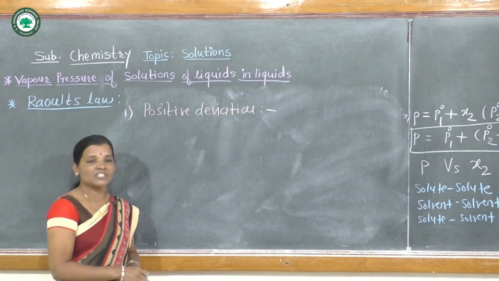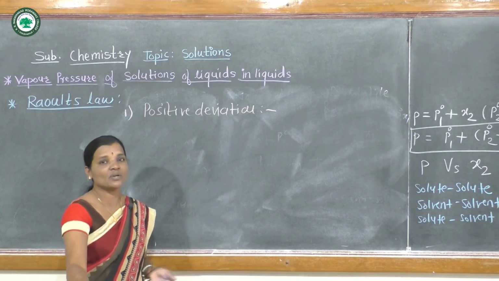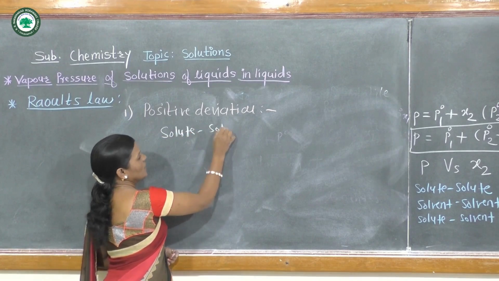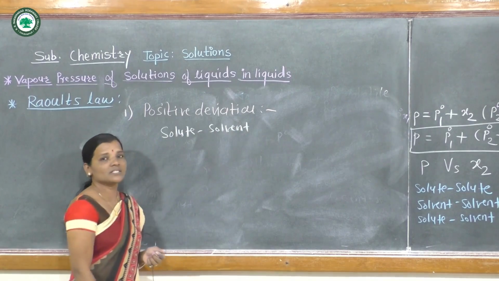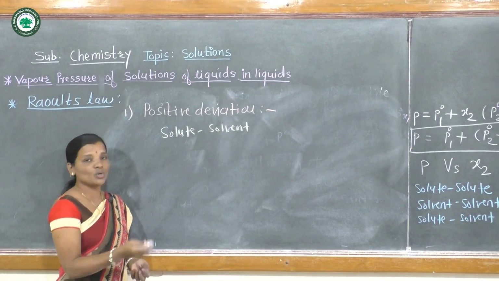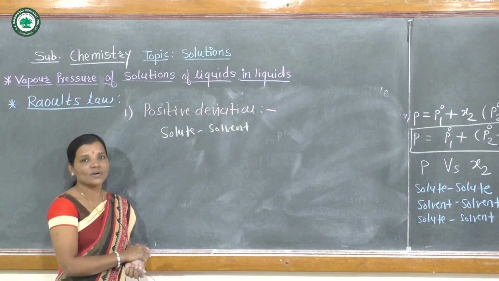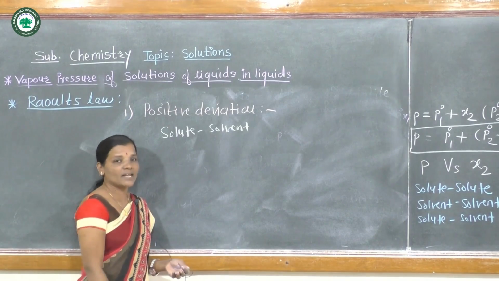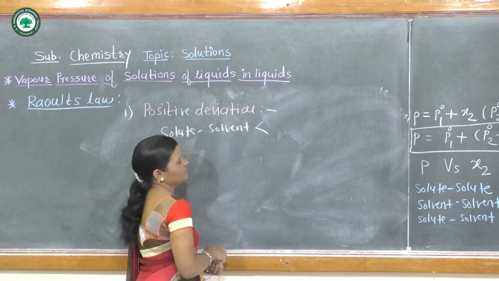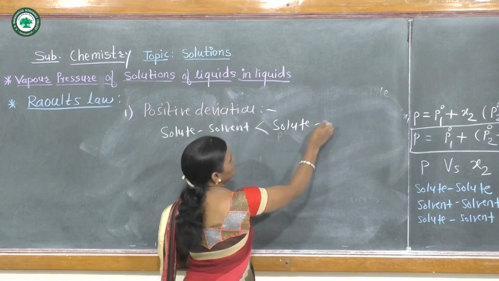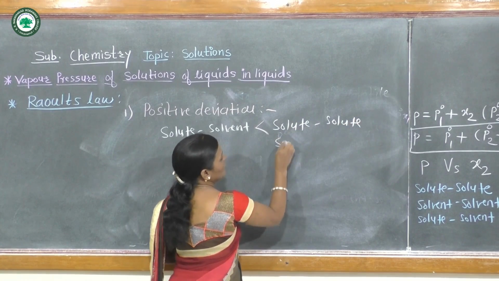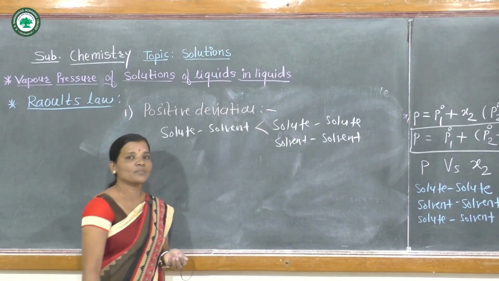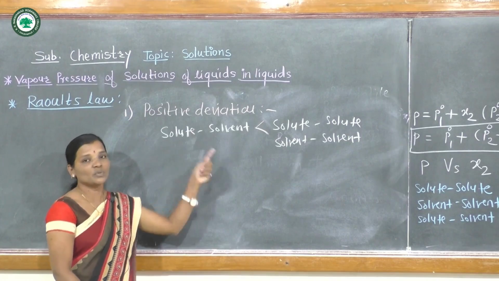Positive deviation is observed when, in the solution, solute-solvent interactions are weaker than solute-solute interactions and solvent-solvent interactions. Or we can say that when solute-solvent interactions are less than solute-solute interactions and solvent-solvent interactions, then such solutions are said to show positive deviation.